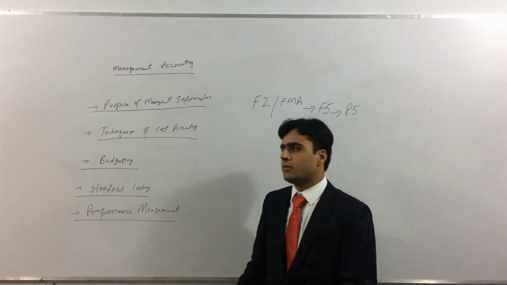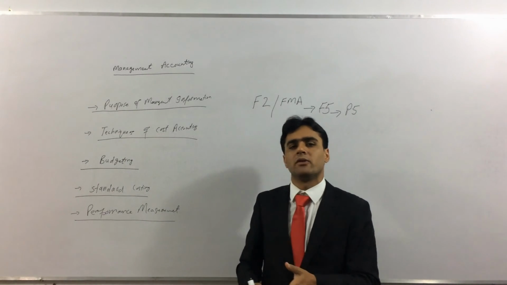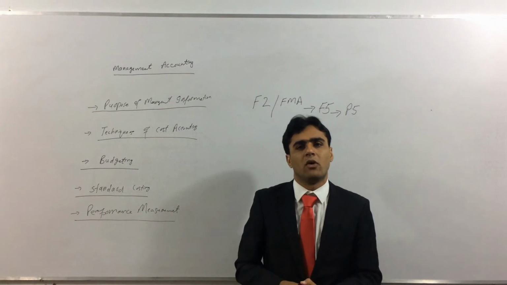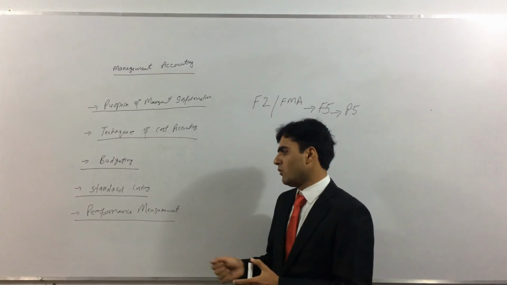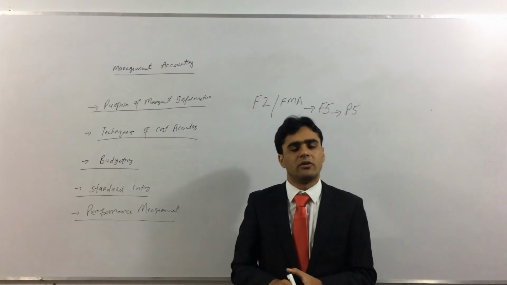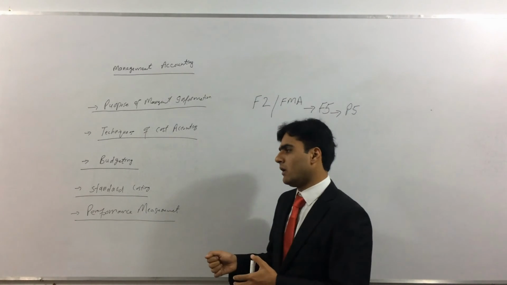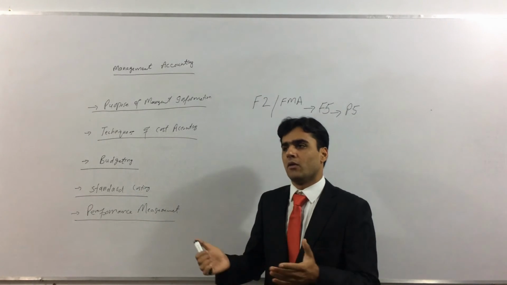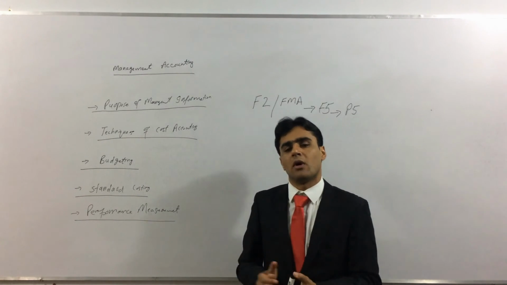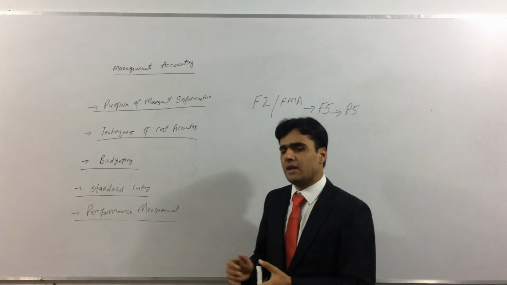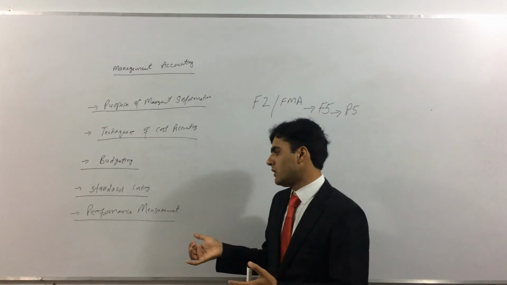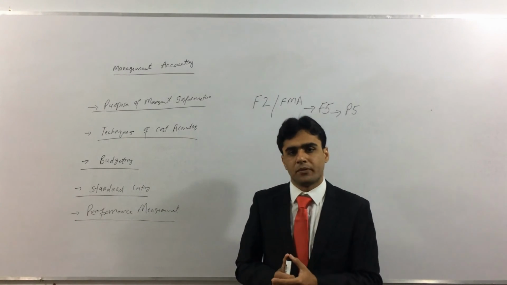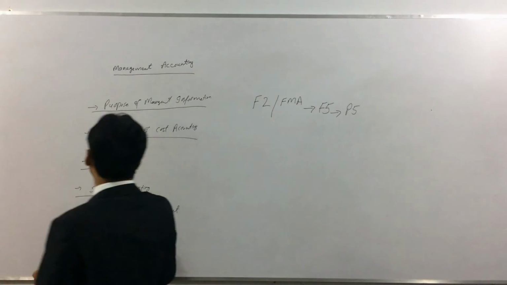But for now, performance measurement simply means I need some measures to measure the performance of my management. So we will do some calculations, and I will also explain other theoretical aspects of performance measurement. Balanced scorecard, for example. We will see later what is needed in performance measurement as far as non-financial measures are concerned, right?